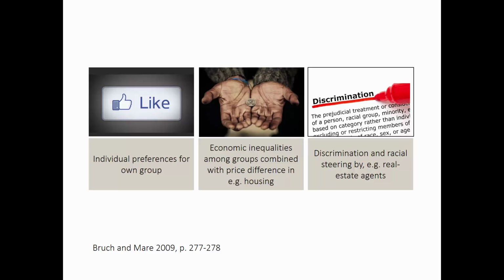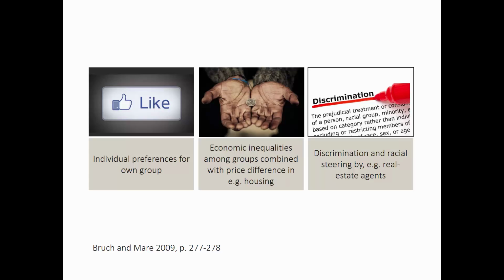Well, this all starts with individuals acting in a certain way or having certain preferences. Without that, you would remain in a static world. Nobody would do anything. When we talk about segregation, people looked at different aspects of this. It could be that individuals have preferences for their own groups.